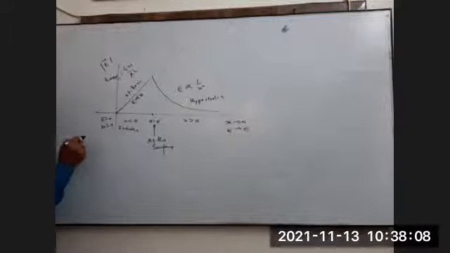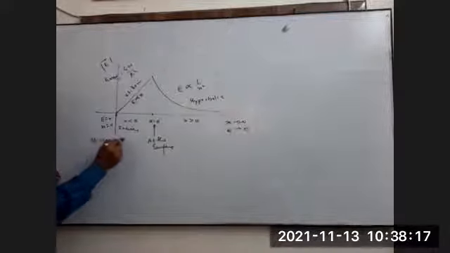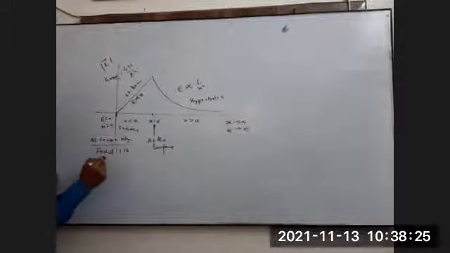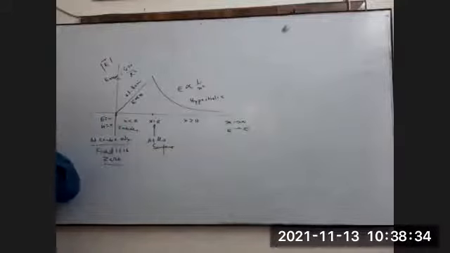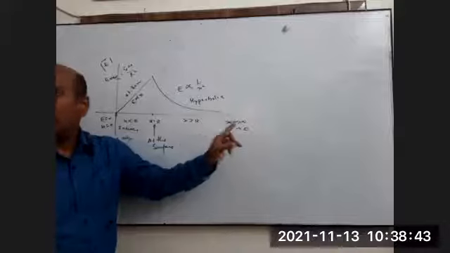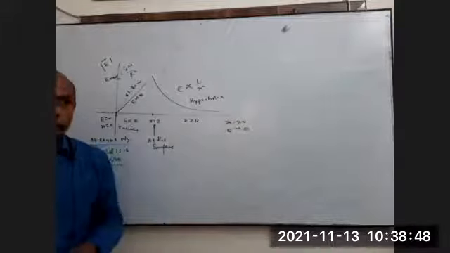Other than the center, the field cannot be 0. सिर्फ एक ही पॉइंट पे, only and only at the center, the field is 0. Nowhere else the field is 0. The field tends to 0 when x tends to infinity, but not exactly equal to 0. 0 के काफी करीब होगा, but not exactly equal to 0.